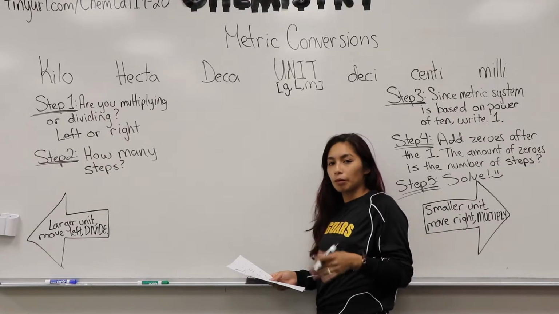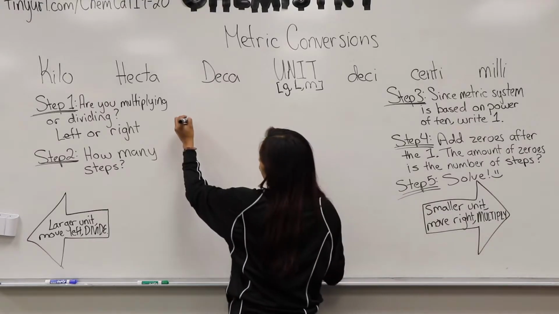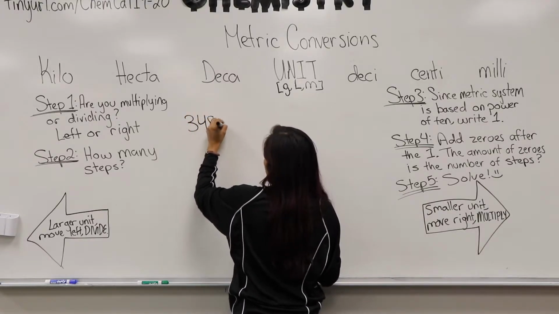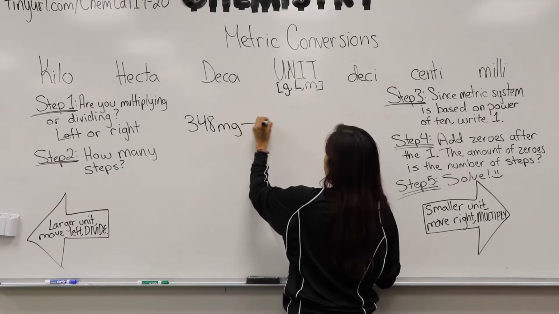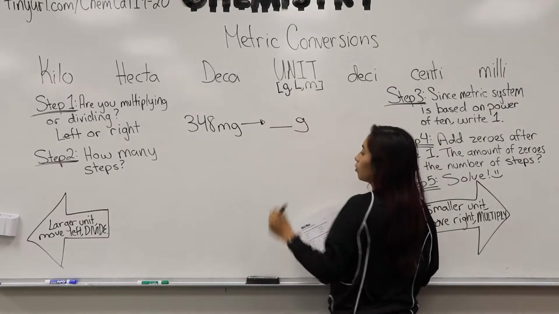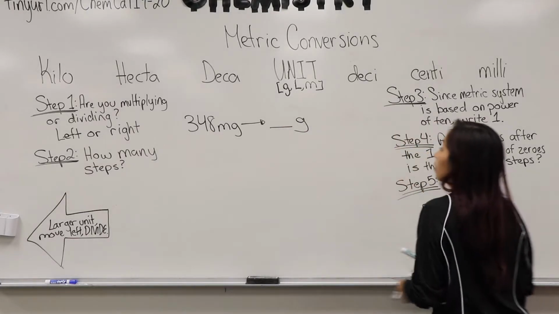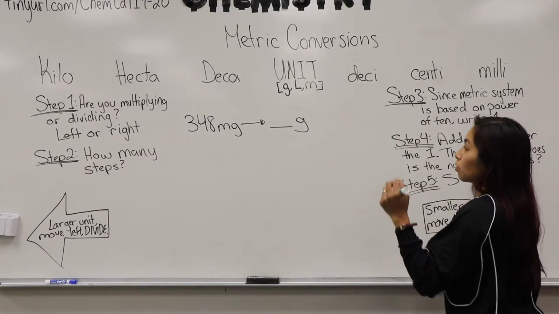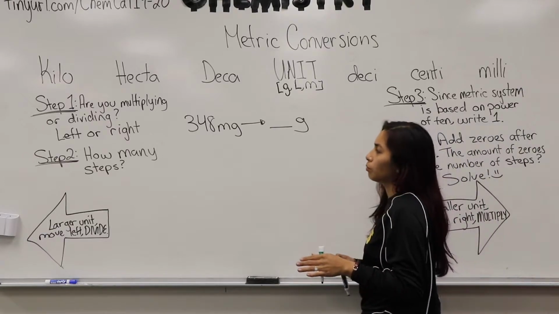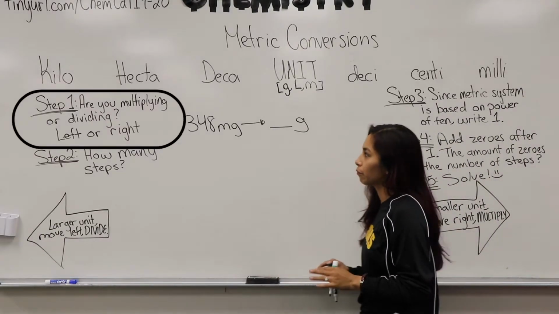So let's work on a problem. Let's say you have 348 milligrams and you want to go to grams. You don't know how many grams are in 348 milligrams. So the first step is, are you multiplying or dividing?